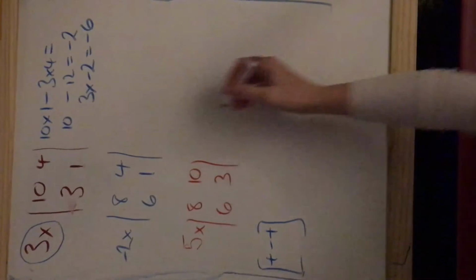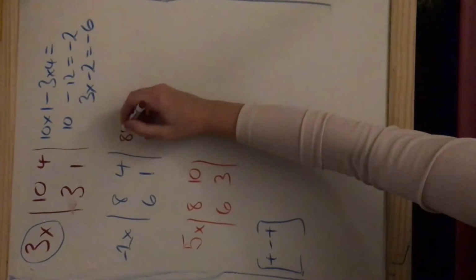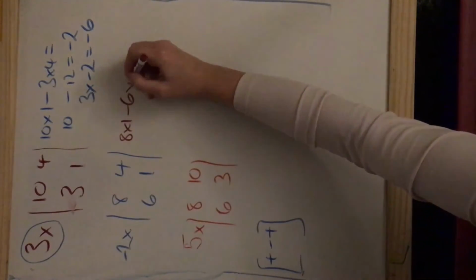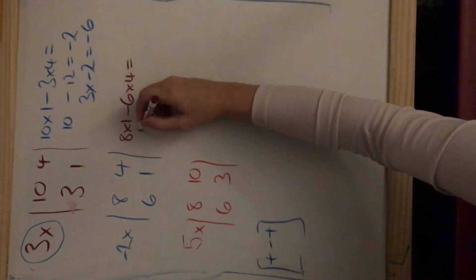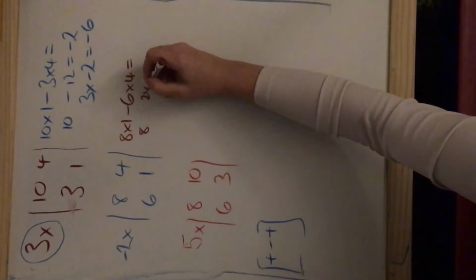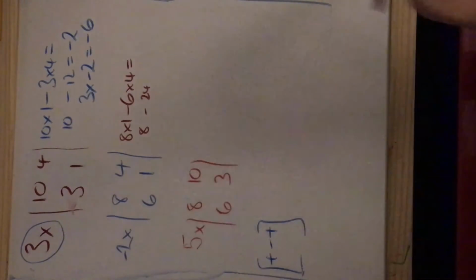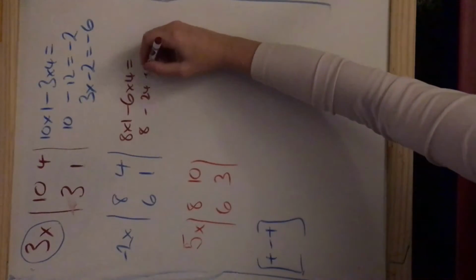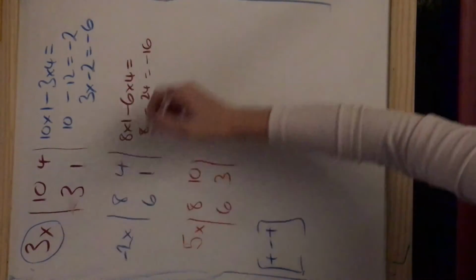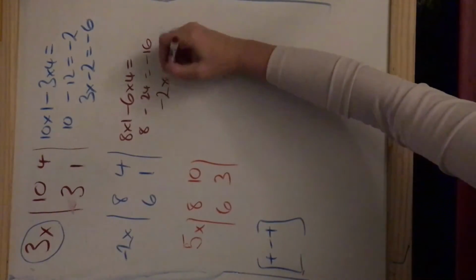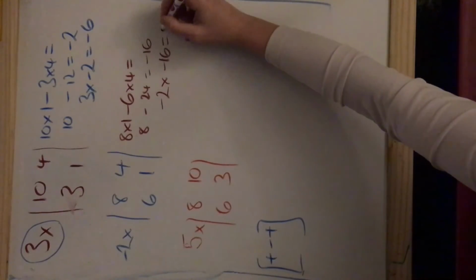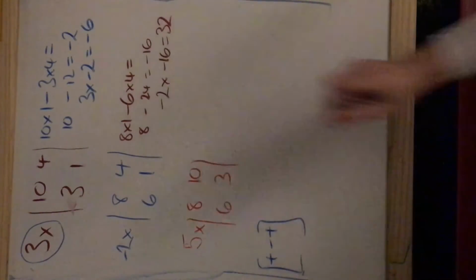So then when we work out our next one down, we would then do minus 2 times minus 16, which gives us a positive 32.